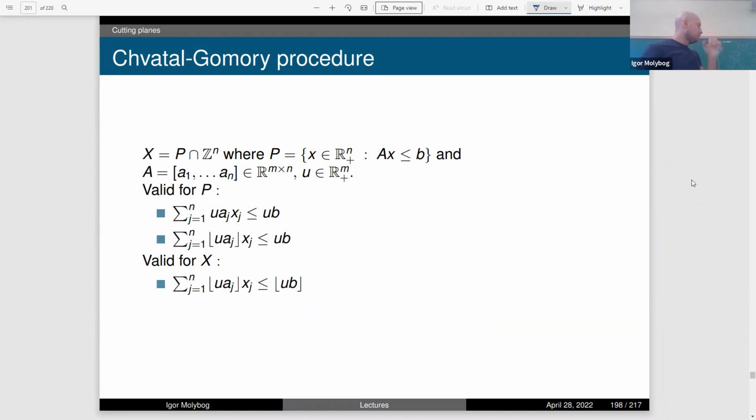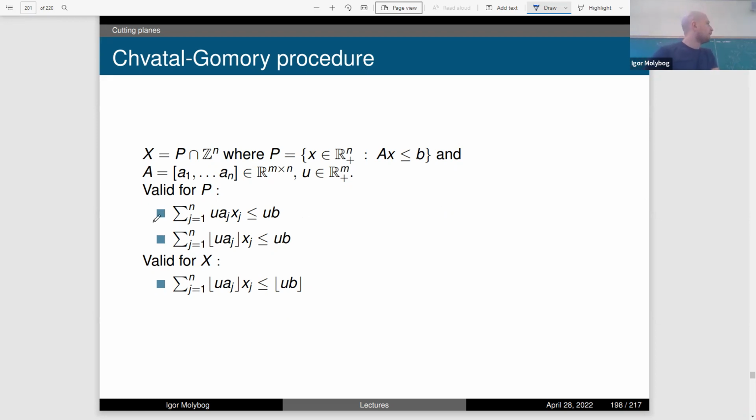And as a combination of all of that story, we have had this CG procedure, CG inequalities, that make up the entire set of inequalities that you possibly can use in order to construct valid inequalities for your set X.